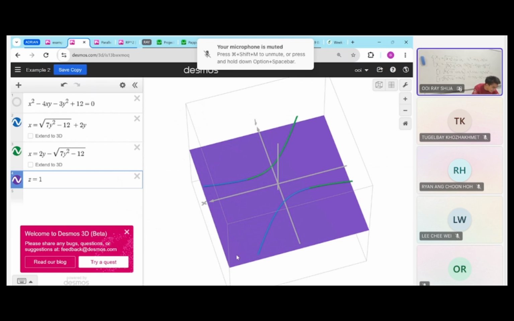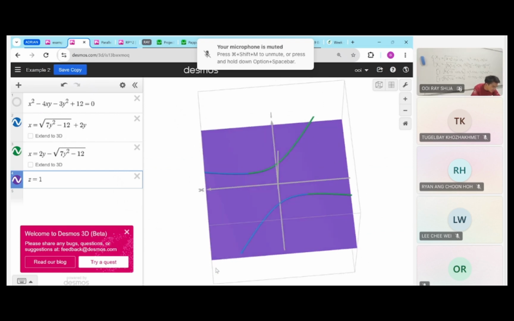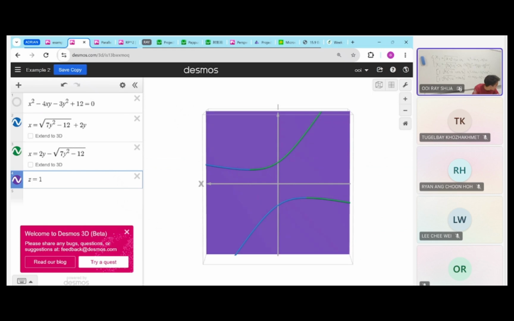So you imagine the purple plane is that one, and then the green curve, that's the two solutions of yours. So it's like a curve in a projective plane. In projective space, you'll see this as the zero of the polynomials.